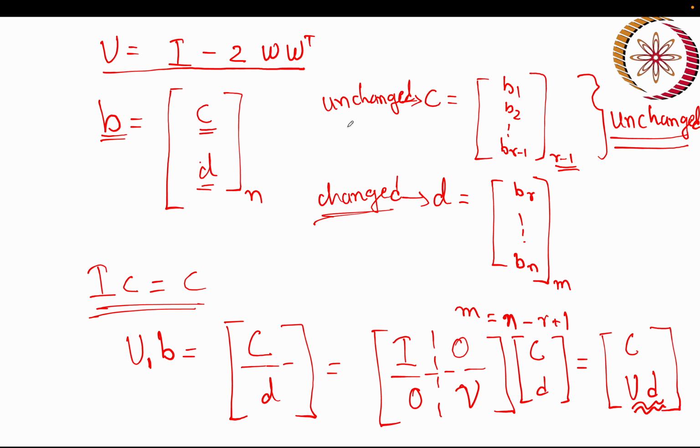To keep that part unchanged, for the part of the U matrix that multiplies with C we have made it identity, so that after multiplication we'll get C as it is, and the next block we have kept 0, and this block also 0. This block, which is U, will get multiplied to this D, and that will give the desired value where UD will be alpha and the below terms will be 0.